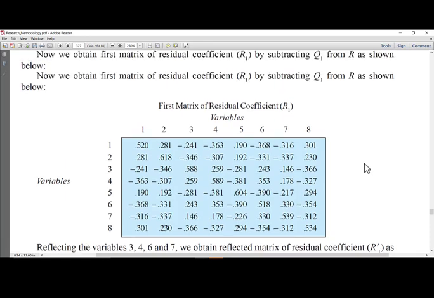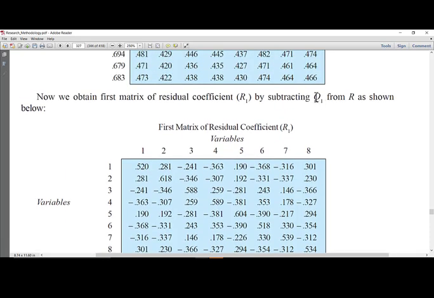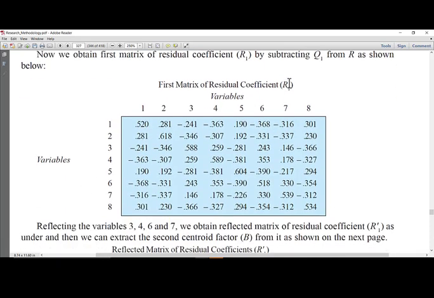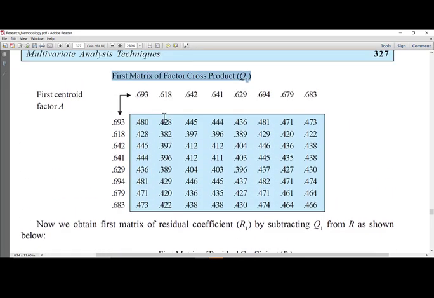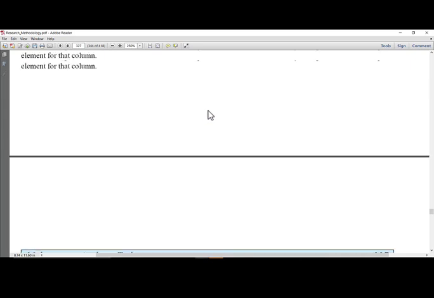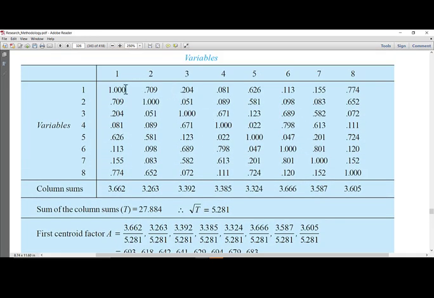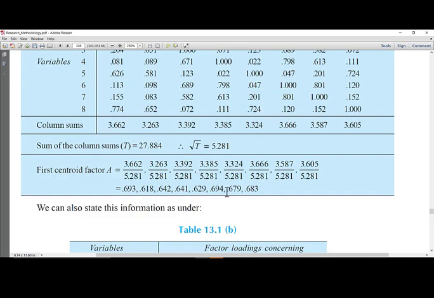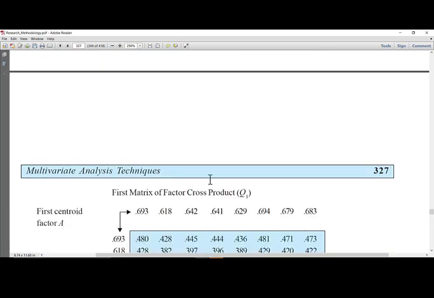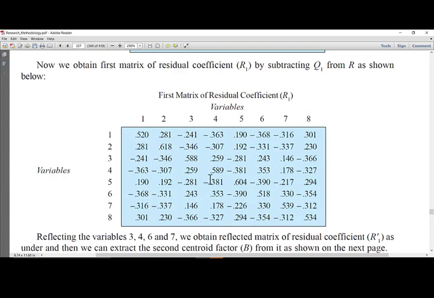And we have got these values. For example, 0.486 minus 1, and that is given here.